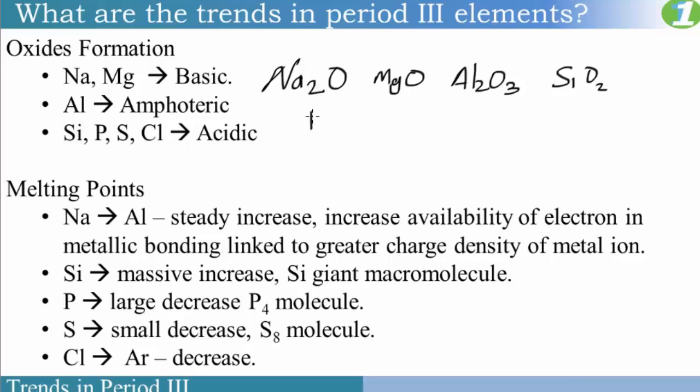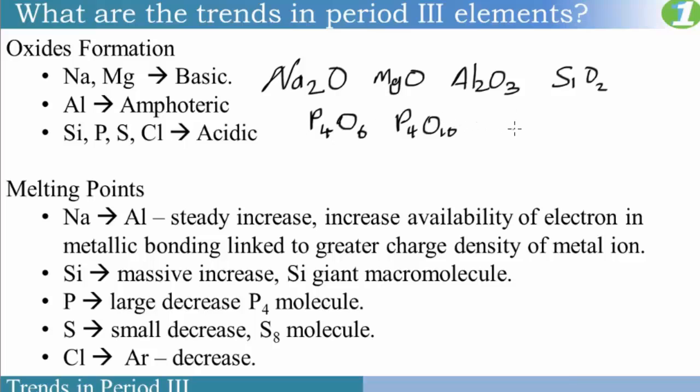It can form phosphorus 3 oxide, which is P4O6. And we can form phosphorus 5 oxide or phosphorus pentaoxide, and that is P4O10. So those are your two oxides of phosphorus, and these are acidic.